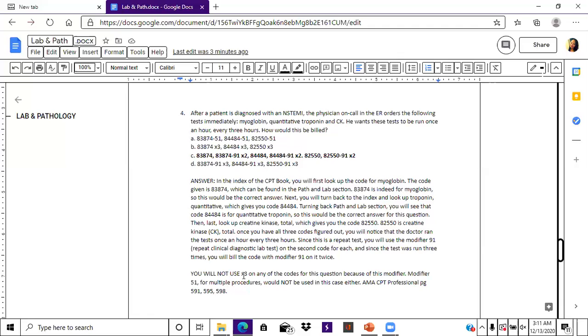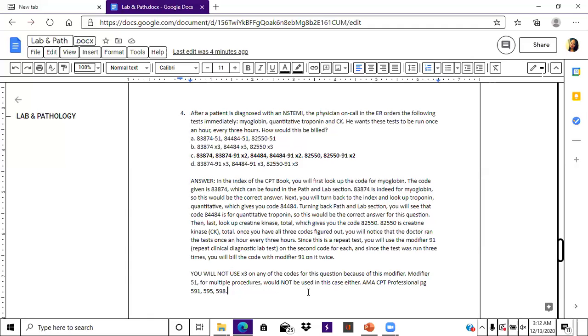You will not use the ×3 on any of the codes for this question because the modifier 91 lets them know that it's a repeat. So you're not going to put a ×3. You're going to use the first code, then the second code, and how many times with the modifier plus how many times. And modifier 51 for multiple procedures would not be used.